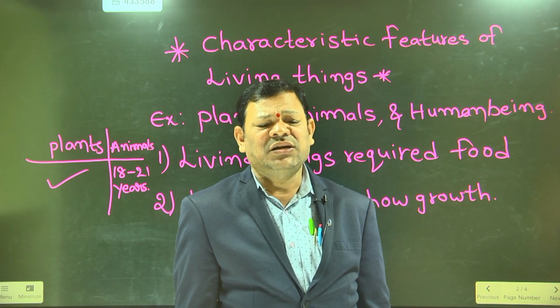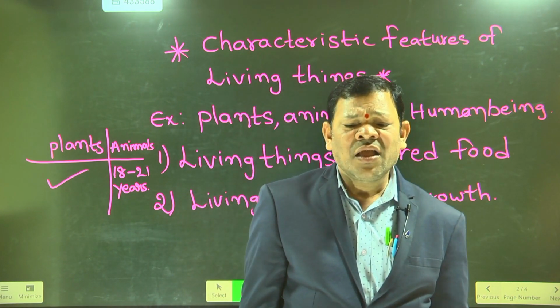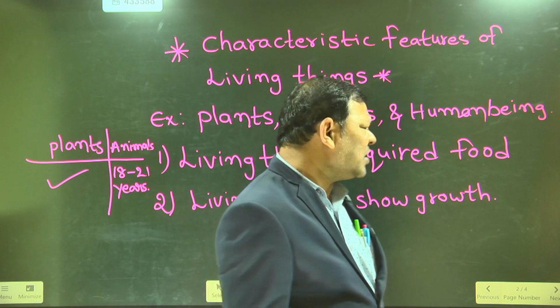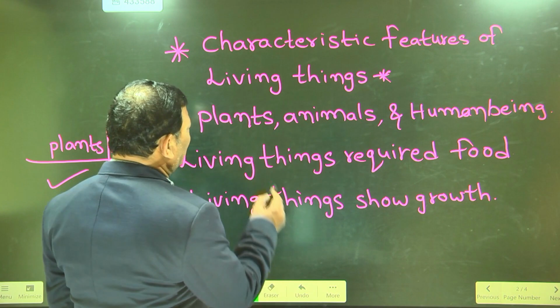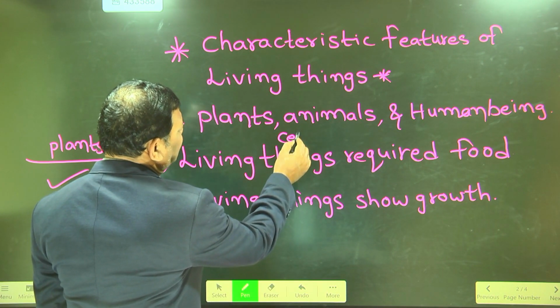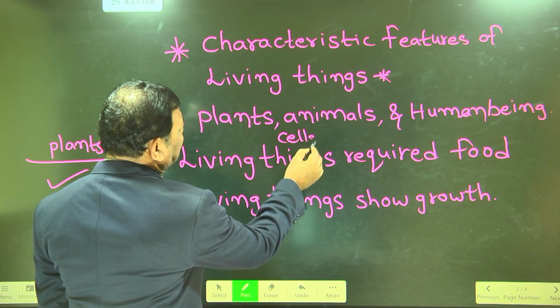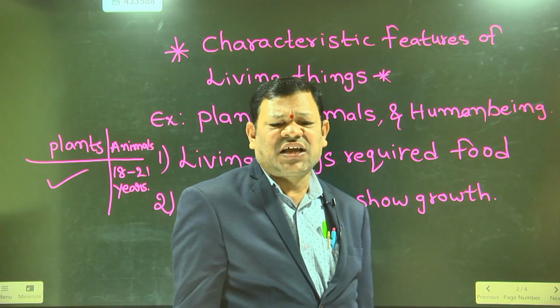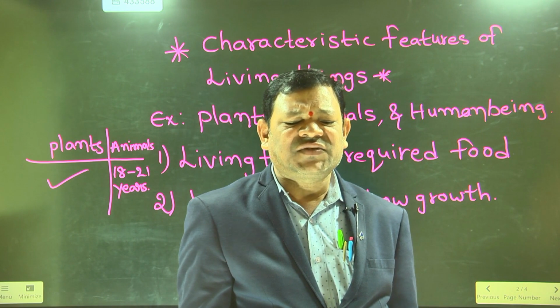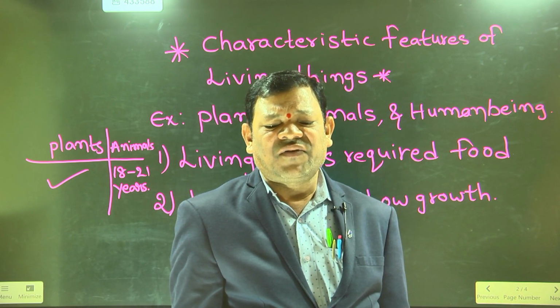Here one more point is also very important. All the living organisms are made up of cells. So plant is made up of cells, animal also is made up of cells, human being also is made up of cells.